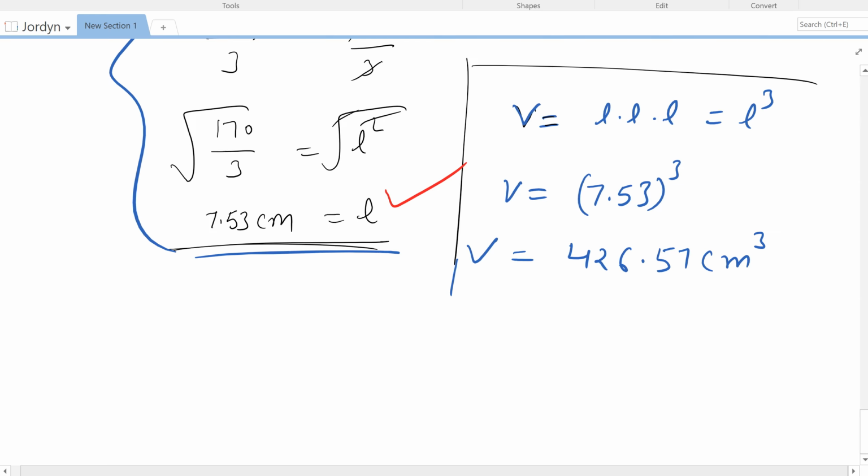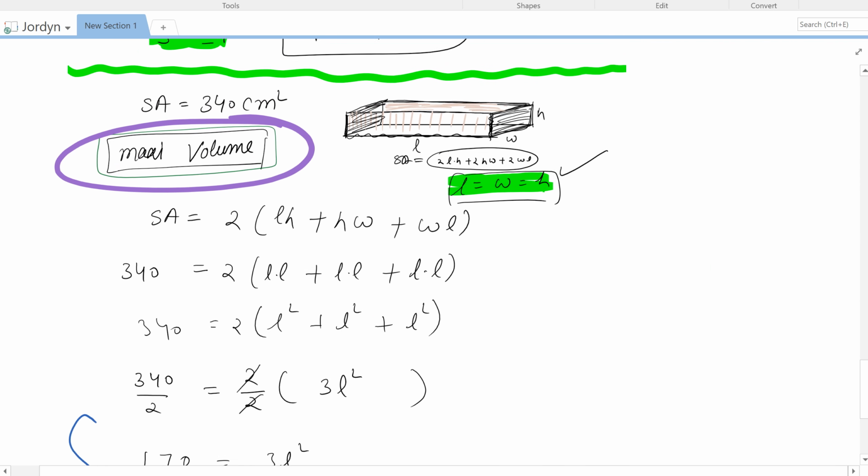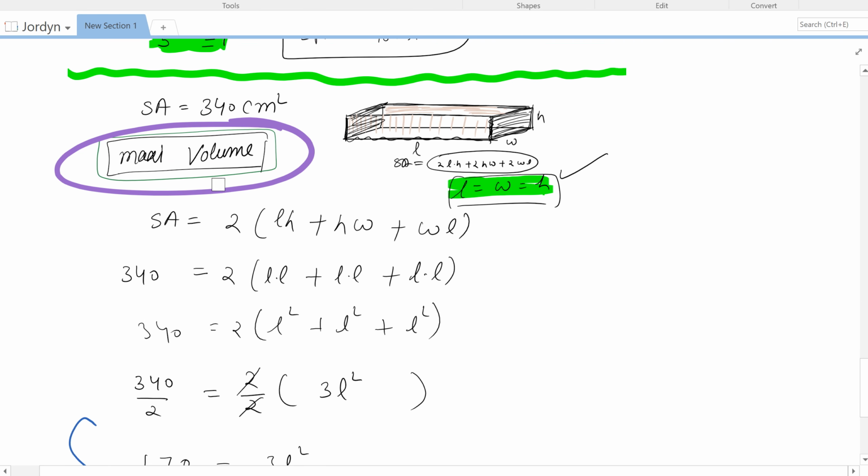So Jordyn, we did that one. Let's go over that very quickly. We had to find the maximum volume, and they gave us the surface area of this rectangular prism. The surface area equals 2 multiplied by LH plus HW plus WL.